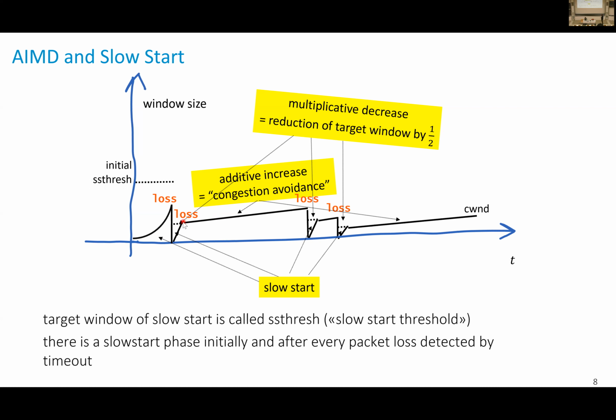And then the window size increases as long as nothing bad happened, as long as we don't detect any loss. Then when I detect a loss, if the loss is detected by timeout, like it's showing here, then we go into slow start again with a target window which is half the window that we had just before the loss here. Until we exit slow start.